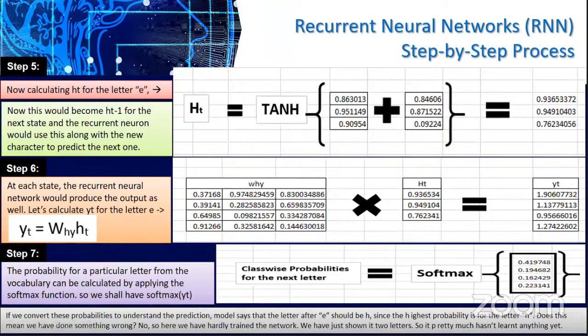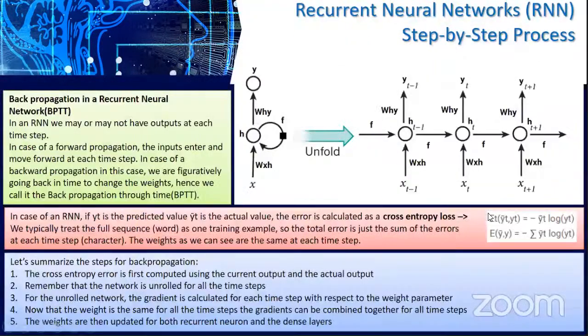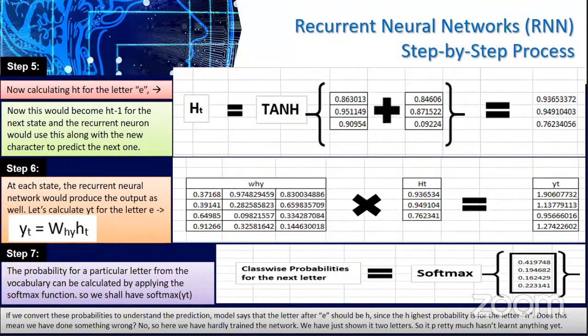Softmax of this value will give you values as 0.41, 0.194, 0.16, 0.22. So here we have taken a two character sequence, H and E, right? Now similarly, the next sequence also will be learned as per this model. So every character sequence will be automatically classified with a probability value that you can see here.